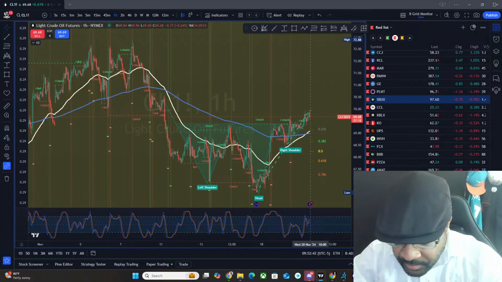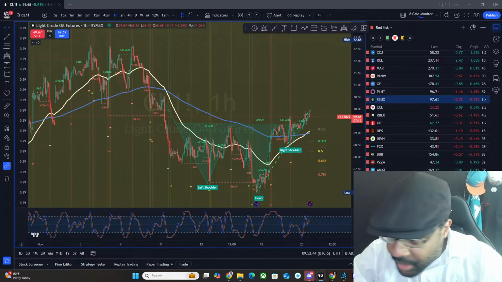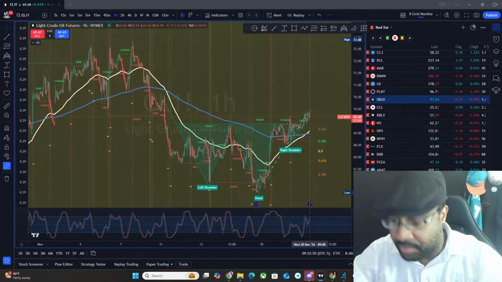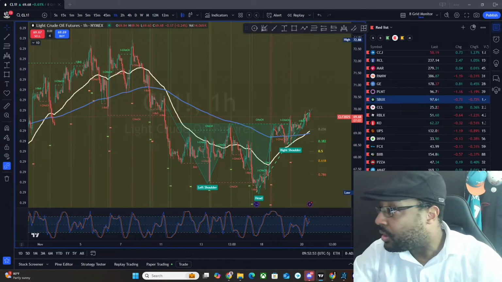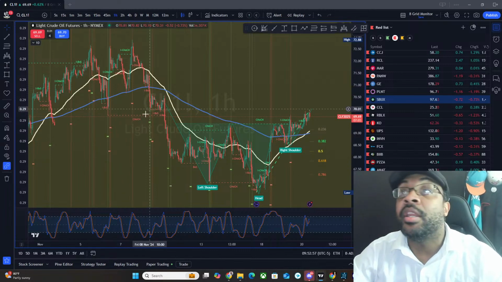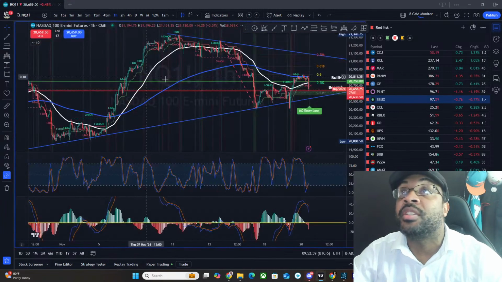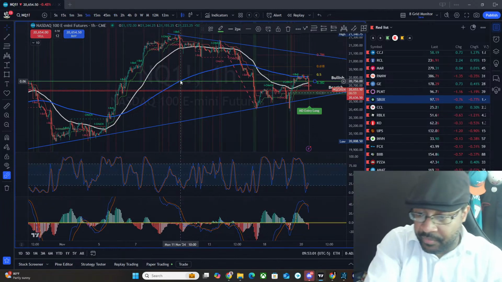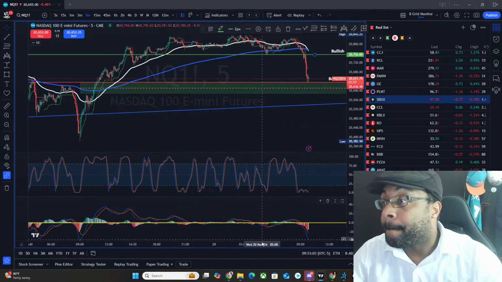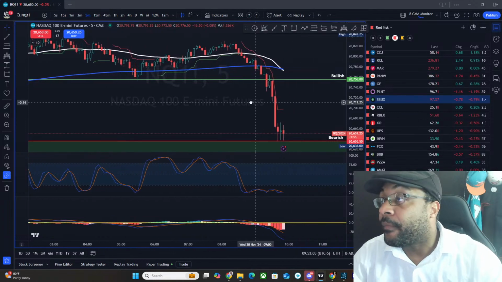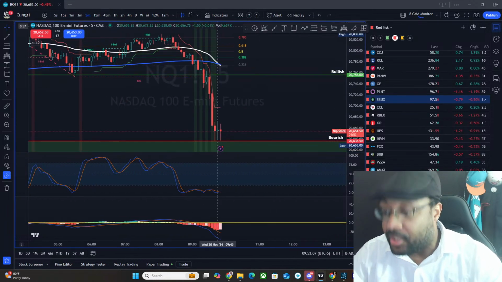Let's see. All right. NQ is doing something that I thought it was going to try to do. So maybe going in. Let me go ahead and switch this over to NQ so you can see what I'm talking about. Here's the 5 minute. I'm just looking at these long wicks.